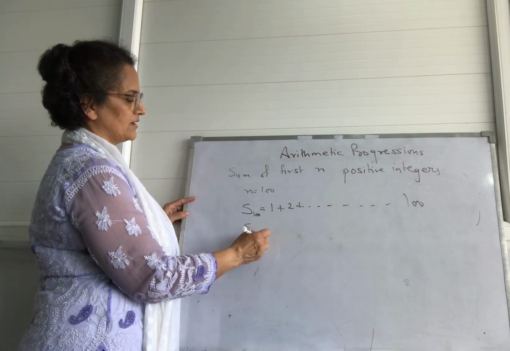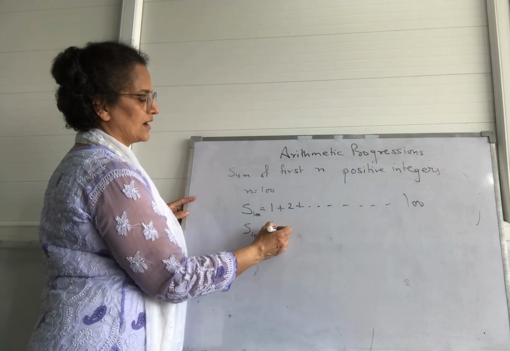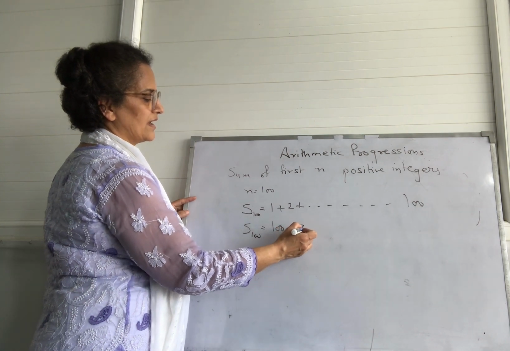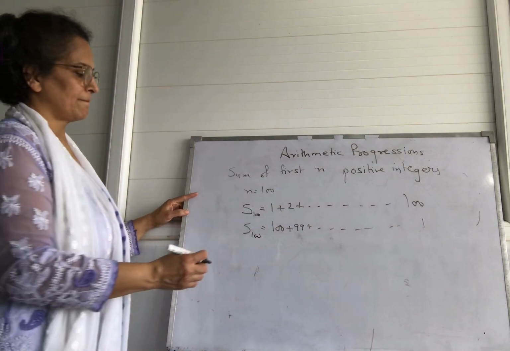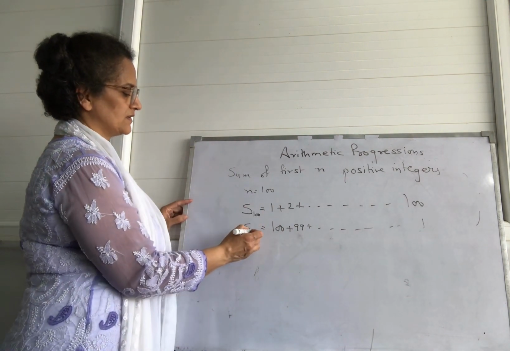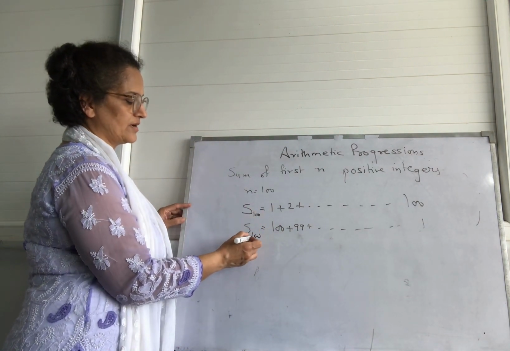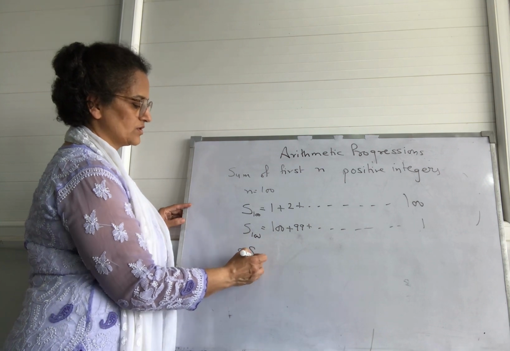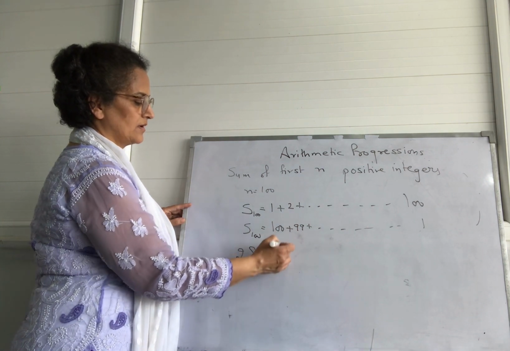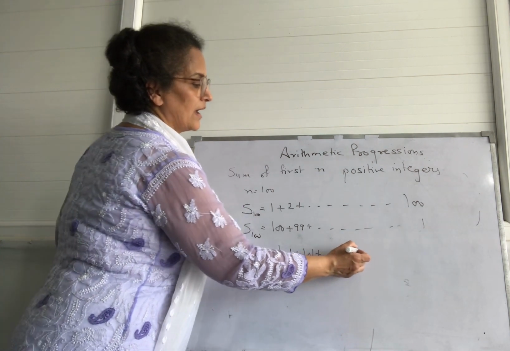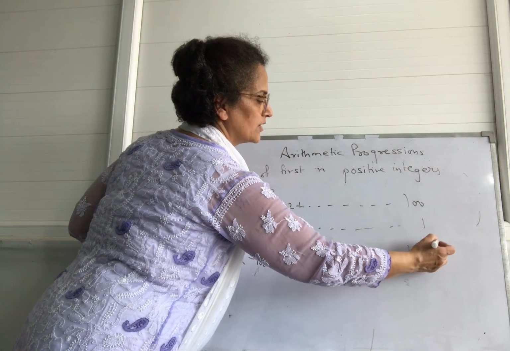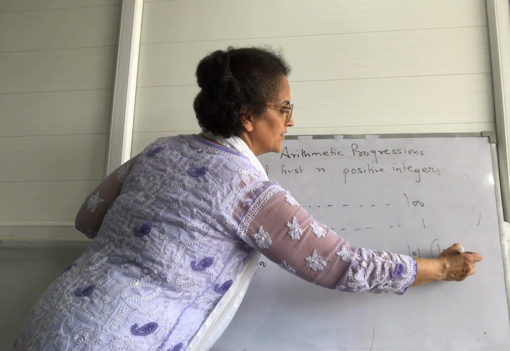So let me write it another way. I start with 100, 99, and we reach till 1. If we add this, this is 2 times S100. This is 101, this is 101. And how many times have we got them? We have got them 100 times.